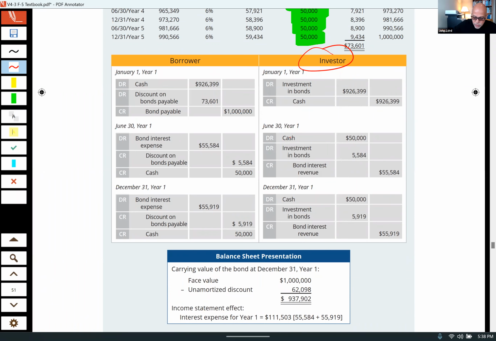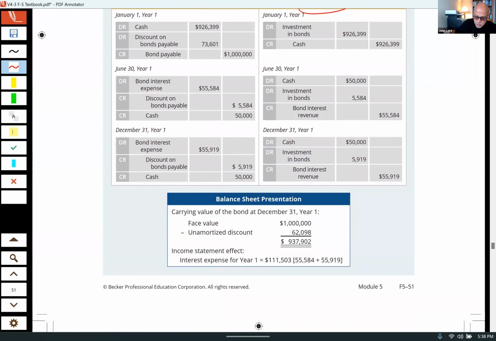Okay, so we take a look at this bond, and I'm just going to show you the discount bond, which has this $926,395. We're going to take that number and multiply it by the market rate of interest for every 6 months, 12% divided by 2.